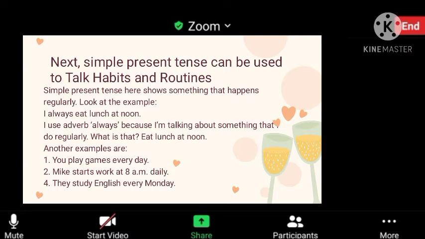What is that? Eat lunch at noon. And other examples are, first, you play games every day. The second one, Mike starts work at 8 a.m. daily. And the last, they study English every Monday.